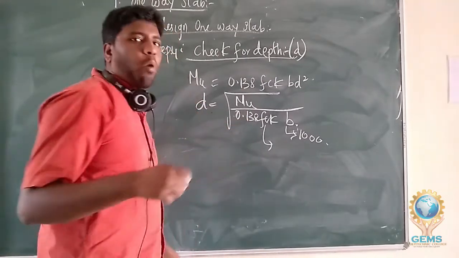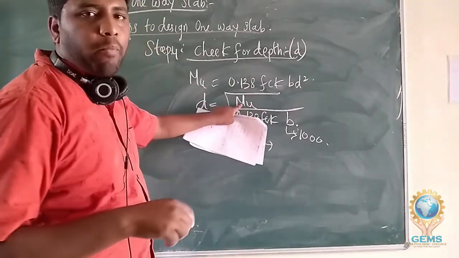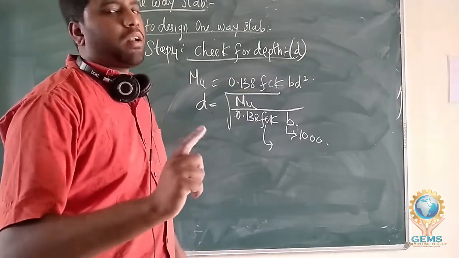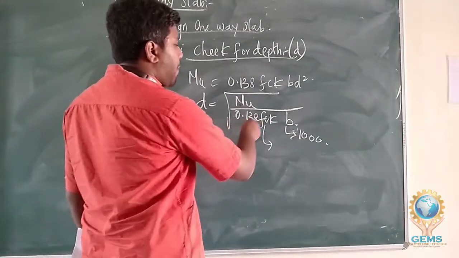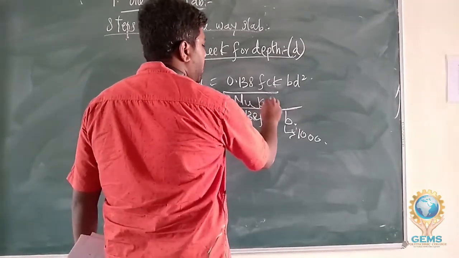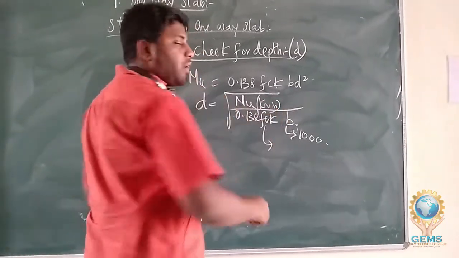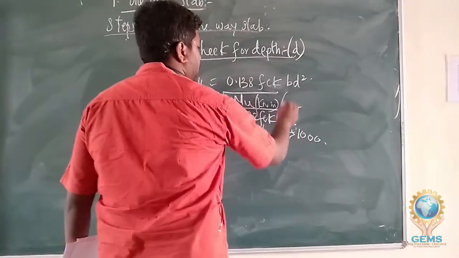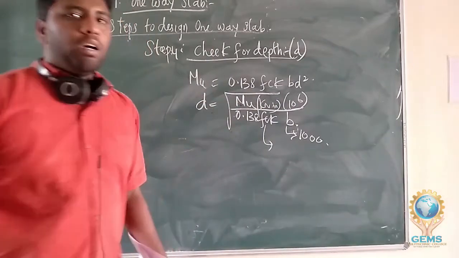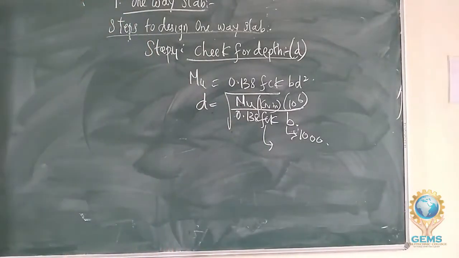MU is your moment. By substituting the value of moment here, you should substitute everything in millimeter. The calculated moment will be in kilonewton meter, so you must convert it into newton millimeter, that is, into 10 power 6. That is how you will check for depth.